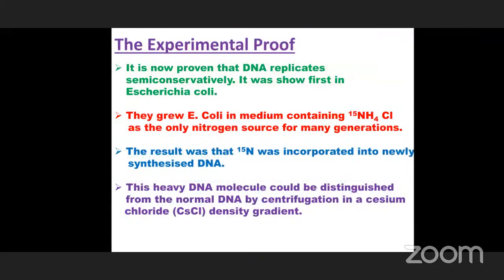The result was that the N15 was incorporated into the newly synthesized DNA. This heavy DNA molecule could be distinguished from the normal DNA by centrifugation in cesium chloride solution with a density gradient.